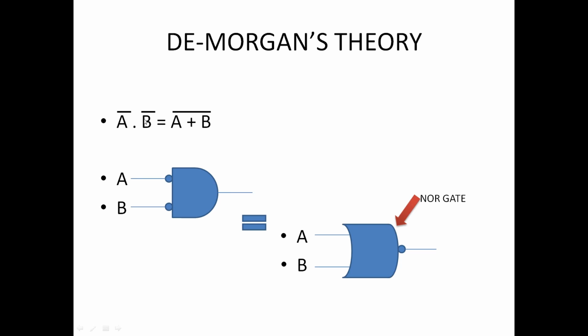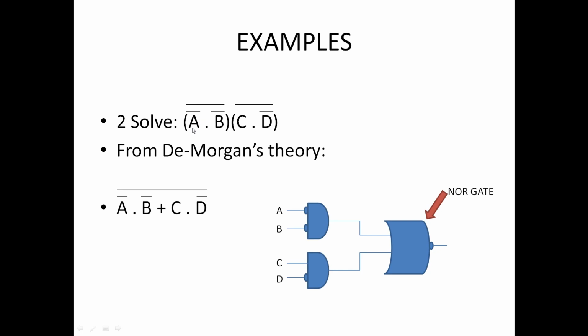In previous examples, you can see that individual not, this is one not, this is another not, it's equal to one almighty not. Then what are you going to write under? Here you have A and B. When you have AND, it changes to OR on the other side. So let's examine that again. We have one NOT and then another NOT. It has resulted in one almighty NOT.